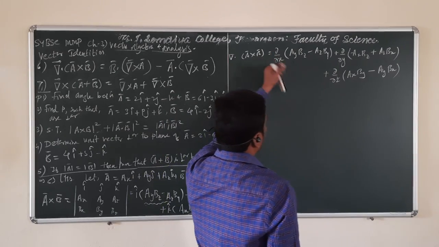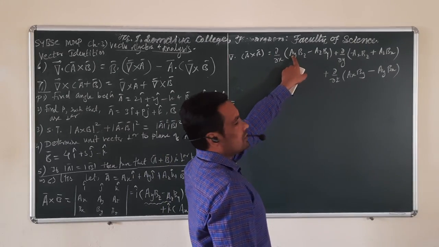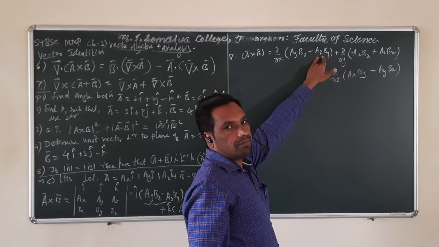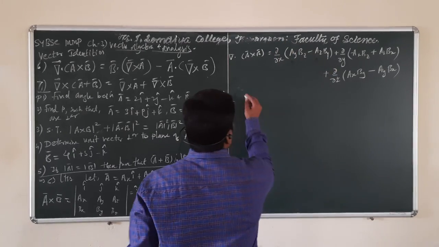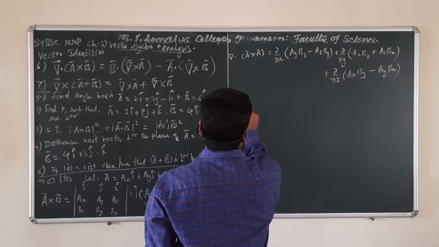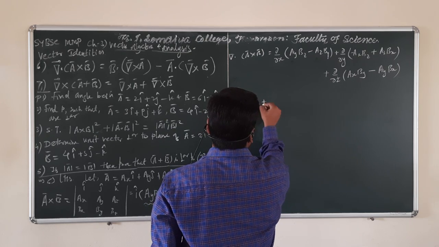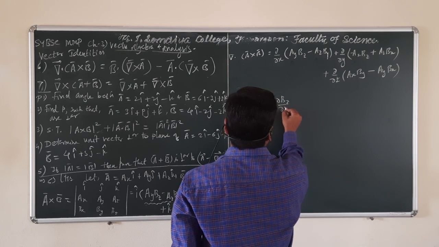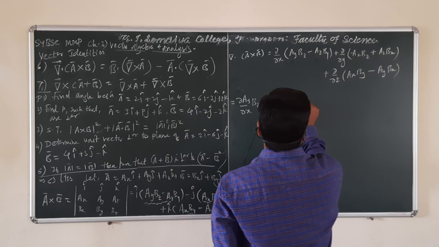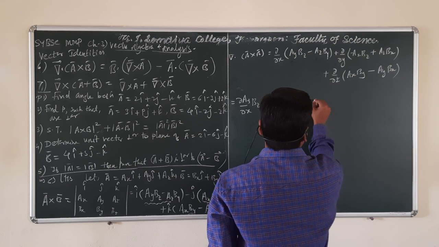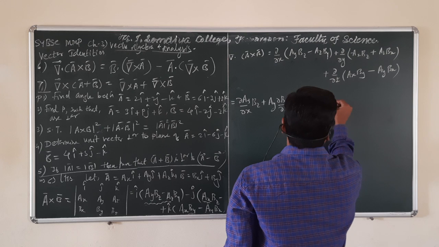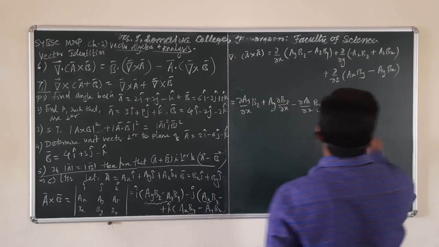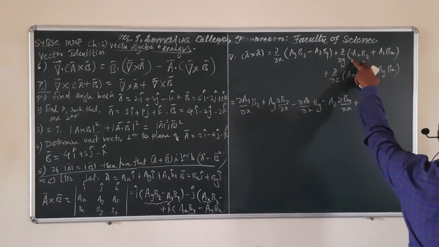So we get two terms for each term: partial derivative of ay with respect to x, bz as constant, plus ay into partial derivative of bz with respect to x, minus partial derivative of az with respect to x, by, minus az into partial derivative of by with respect to x, plus next we differentiate this term.